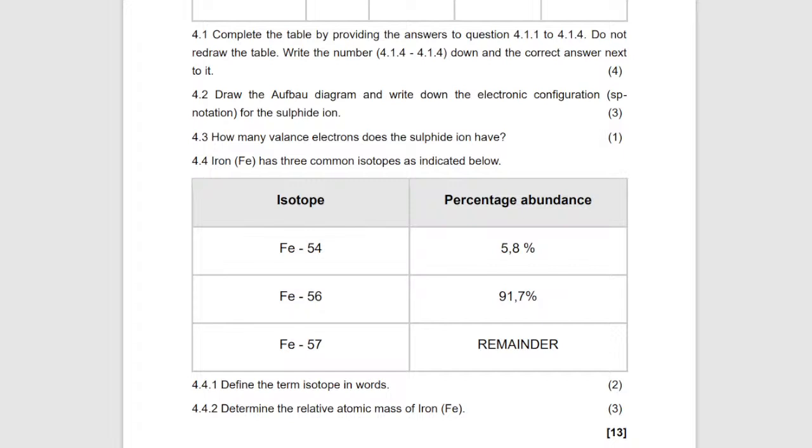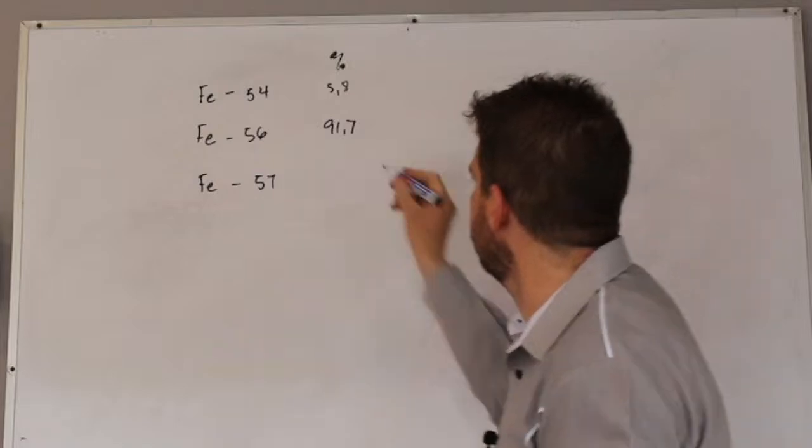Fe-54, I'm writing on the board, Fe-56, and then Fe-57. The percentages, I'm writing on the board, are 5,8 and 91,7. And the remaining one you don't know yet. That is what they gave you. You don't have this one here.